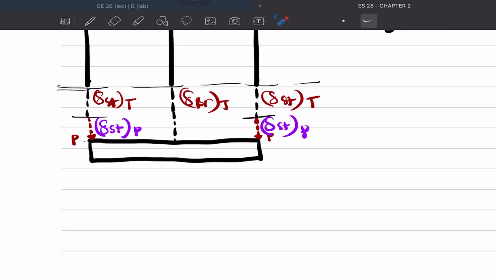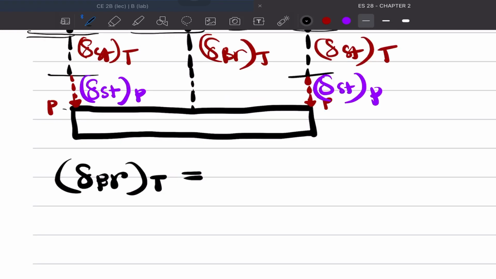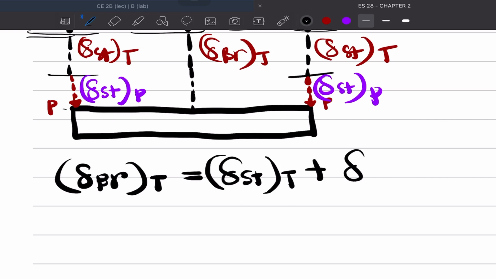Based on this figure, what compatibility equation can we get? So again, they are the same, the distances are the same, so we can say that this one is equal to this one. The deformation of the bronze rod due to the change in temperature is equal to the deformation of the steel rod due to the change in temperature plus the deformation of the steel rod due to the force P that is applied.